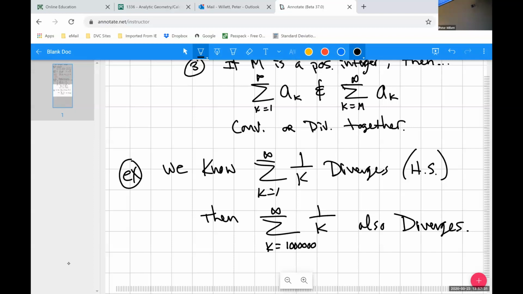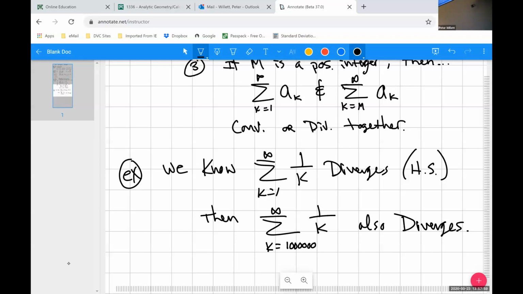So hopefully this can make sense without too much work, because the basic idea is that it's either never going to settle on a value or it's going to head off toward infinity. Well, what happens in the first million terms has nothing to do with that. The sum of the first million terms of any series is just a number.